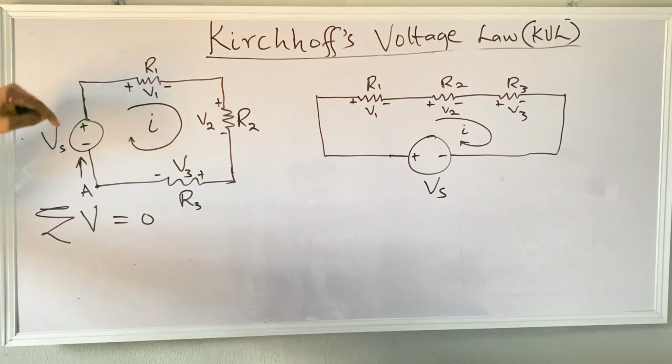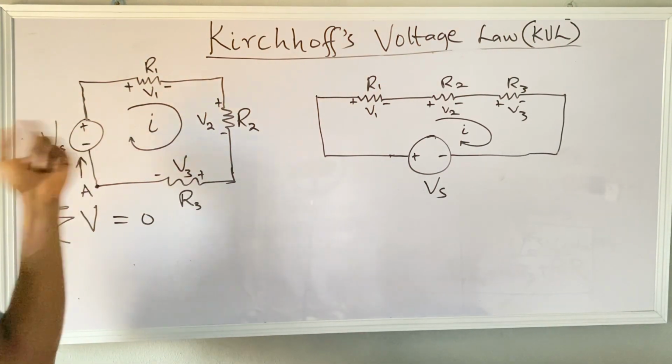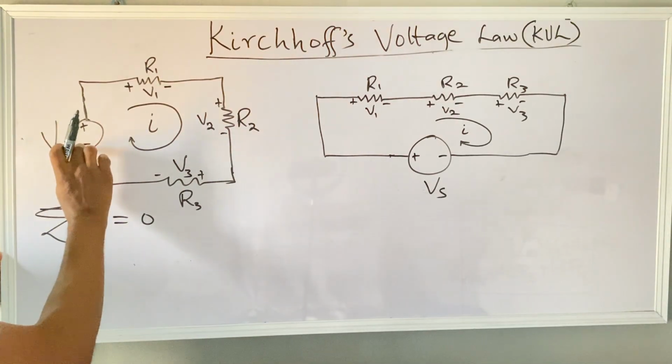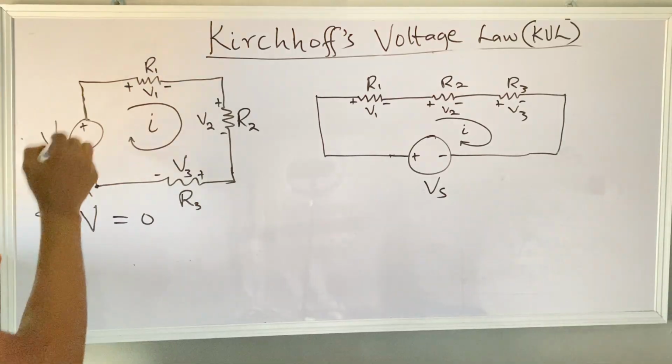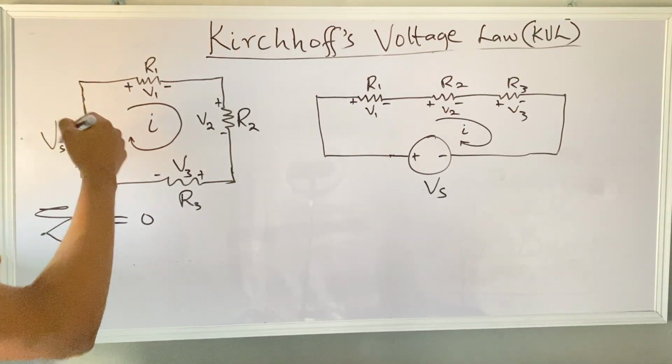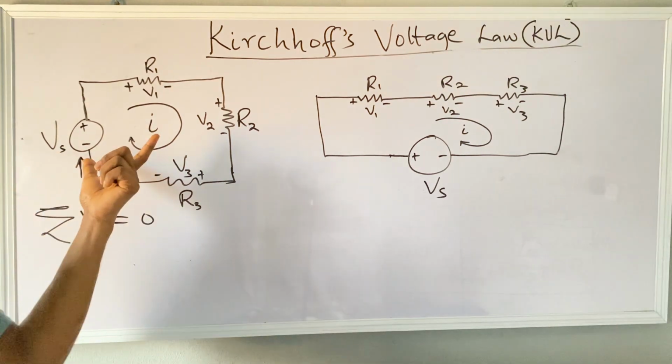We can take either the first sign or the second sign. If we take the first sign we encounter, that is what we take all through the circuit. If we take the second sign, that is what we take all through the circuit. Now we are going to take the first sign.